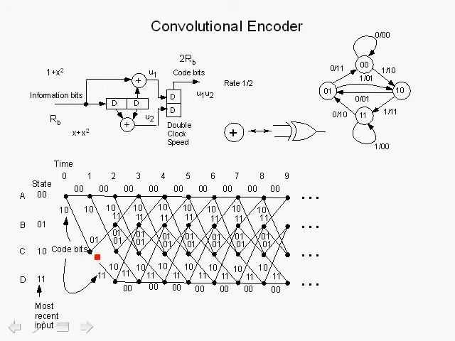Now if we're at state 1, 0 and we receive a 0, again we go up. And the next state, if you look at your diagram here, if you are at state 1, 0 and you receive a 0, you go to state 0, 1. So here we transition to state 0, 1. So this node corresponds to state 0, 1. If we receive the 1, we go to the state 1, 1, and this is shown over here.